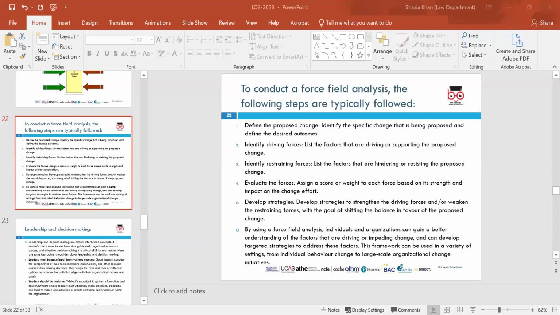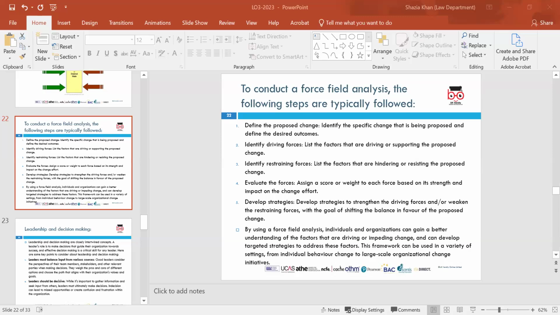Then thirdly, he said, identify and list forces pushing against the change. Forces against, or restraining forces, are factors which resist the change and make it harder for you to achieve your desired outcomes. Fourthly, assign each force an impact score, as each force has a varying degree of influence on the expected outcome. Score each individual restraining and driving force from the weakest to the strongest.